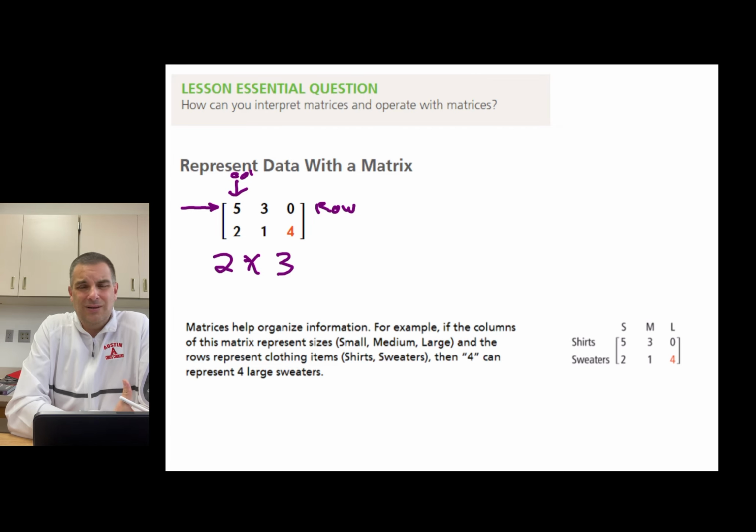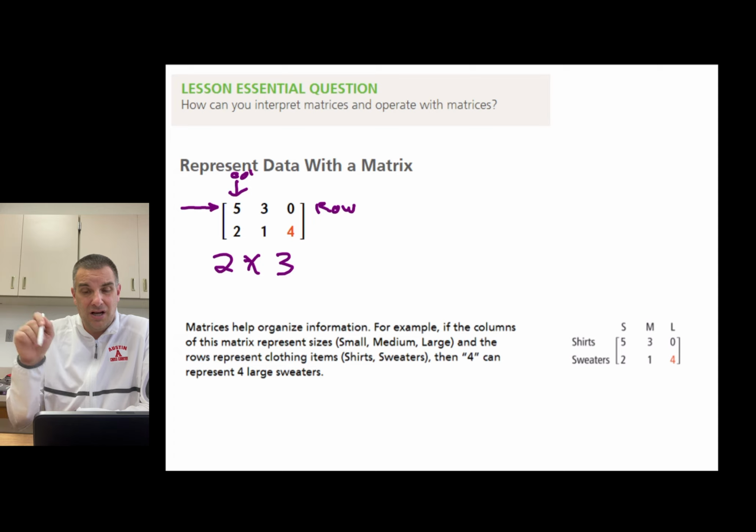And again, what these matrices are doing is allowing us to organize information. If you look at what we have down here, you've got a sweatshirts row and a shirts row, and you've got small, medium, and large columns.